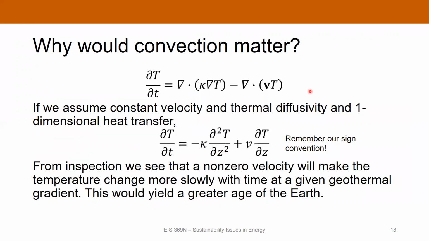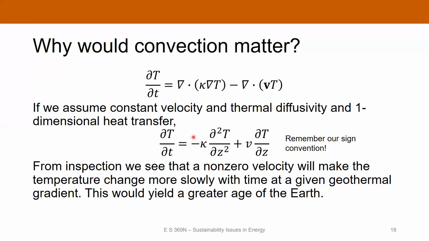Okay, so why does convection matter? Back to our convection diffusion equation. This is the most general sense. If we assume that the velocity is constant and we're only working in one dimension, we can recast this equation just in terms of one spatial dimension, like this. And again, remembering our sign convention where z increases downwards.